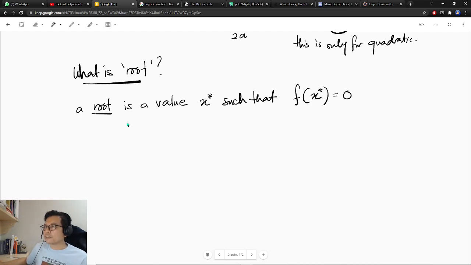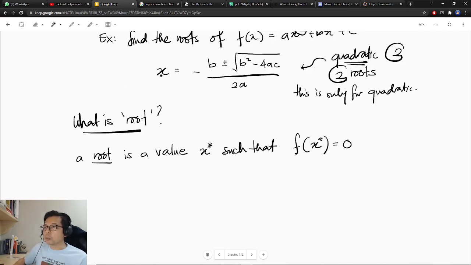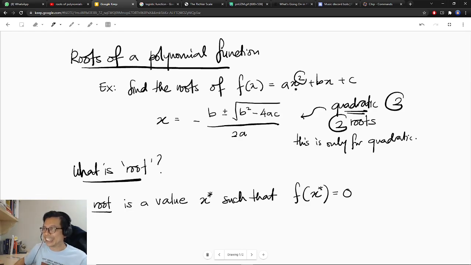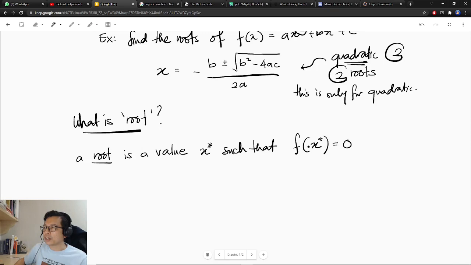So if you replace the x's in here with the root of the polynomial function, then the whole function will go to 0.